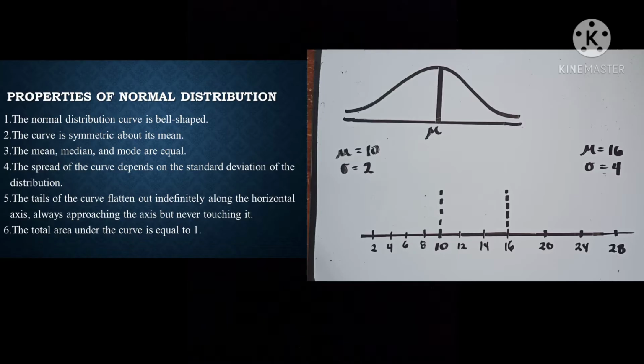So, ngayon, alin ba dito yung may mas flat na curve? Alin ba dito yung may mas mataas na curve? Again, the higher the standard deviation, the flatter the curve. The lower the standard deviation, the higher the curve. Dito sa dalawang ito, mas mababa yung SD ni 2 at yung mean niya ay 10.